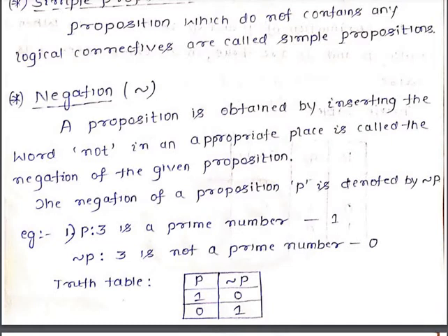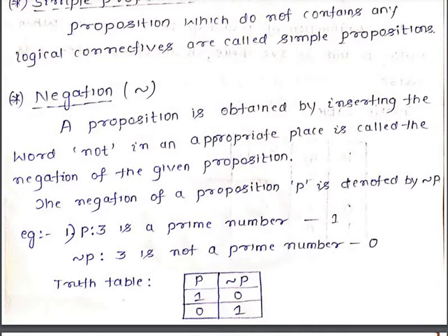Just inserting a not in the given proposition in an appropriate place, we will get the negation statement. 3 is a prime number. Is it true? Yes. So the value will be 1. 3 is not a prime number. That is a wrong proposition, a false proposition, and a false proposition we denote by 0.